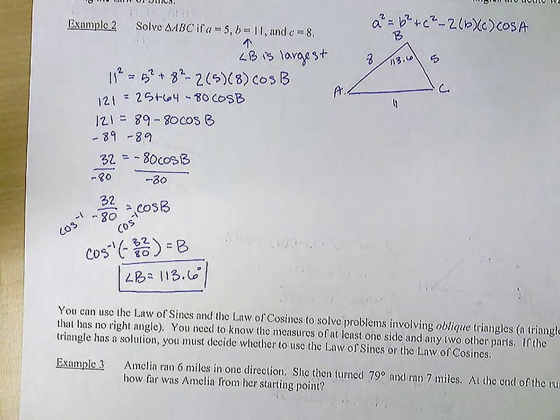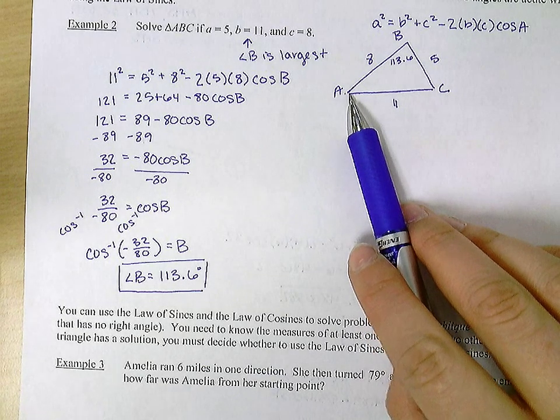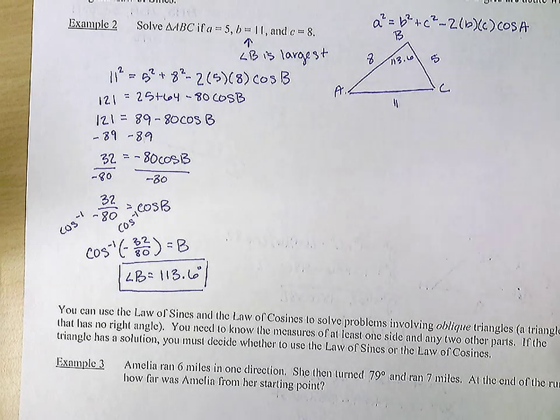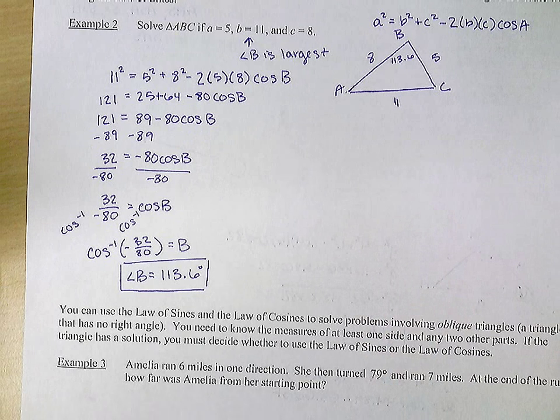So we can use the law of sines to find angle A, sine of our angle over its opposite side equals sine of angle A over its opposite side. If you want to use cosines and then sines, you can do that. If you want to use law of cosines to find that next angle, you can do that as well. Okay, so it's interchangeable. Which one do you want me to do?